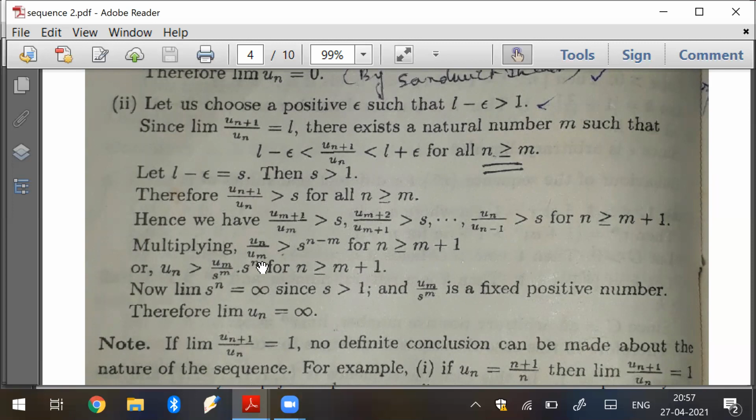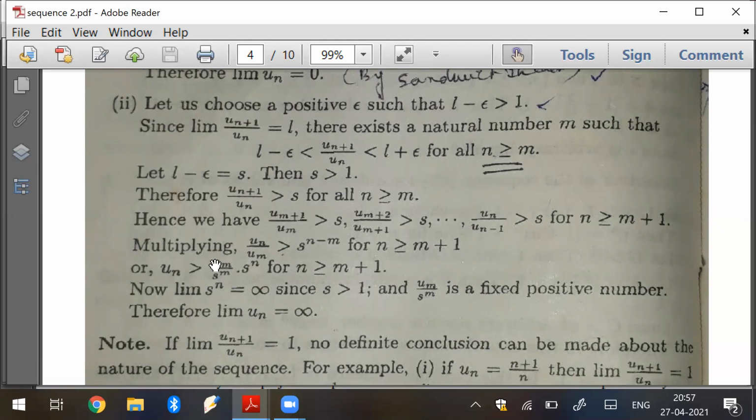Once you multiply all these inequalities, as we have discussed above, you are going to get this sort of thing: u_n by u_m greater than or equal to S to the power n minus m. So again we will segregate those terms which are dependent on n and those terms which are independent of it, that means constant for fixed m. So u_n is greater than u_m by S to the power m, times S to the power n.